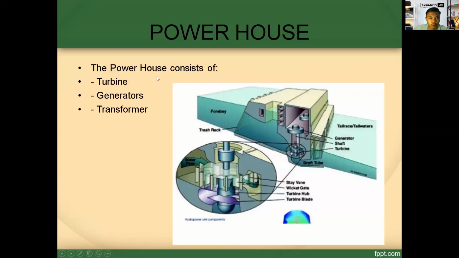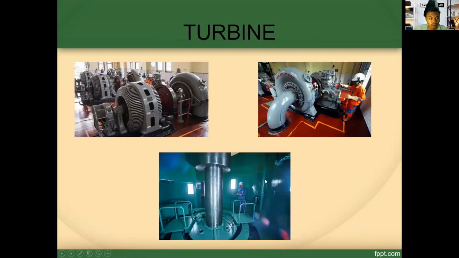Powerhouse. The powerhouse consists of turbine, generator, and transformer. Turbine. What is a turbine? The falling force of the water pushing the turbine blades causes the turbine to rotate.